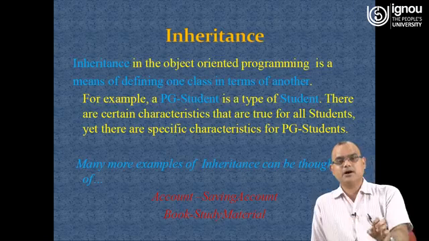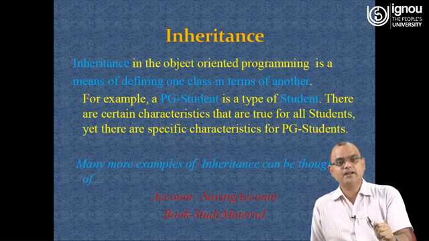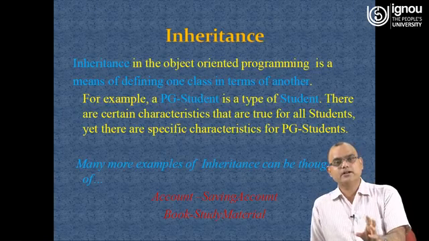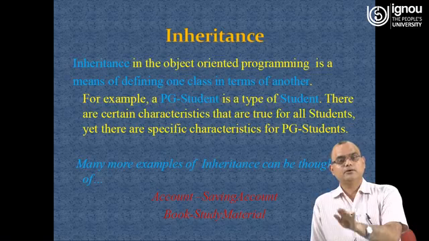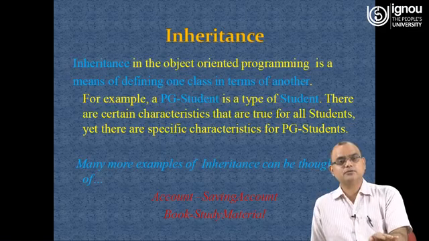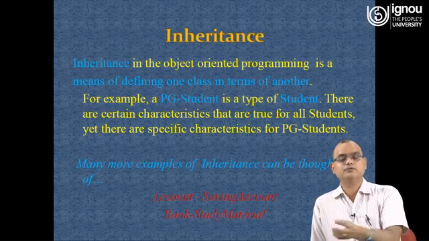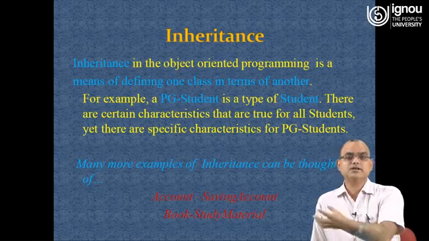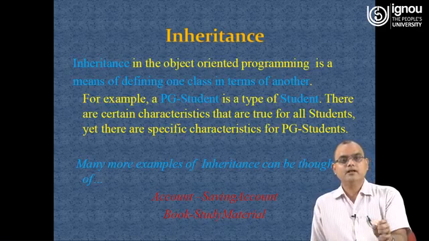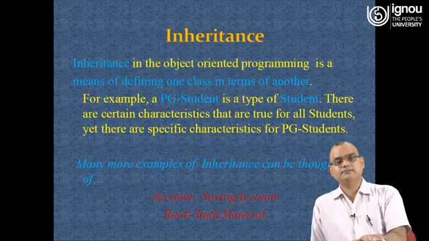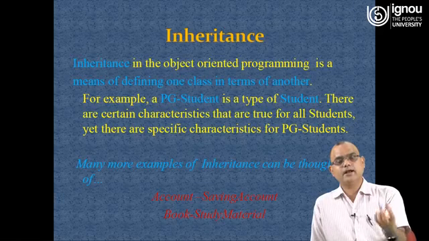Similarly, let us take some other example. We are talking about the student class, and in that context there may be other types of student class also. For that you can derive, let us say, an undergraduate student class or a research scholar class. In another example, there is an account class.